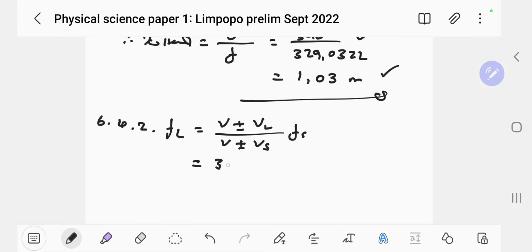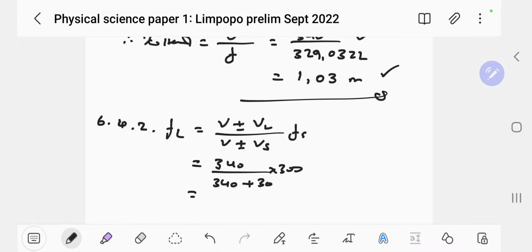Okay, so this is 340. Again, there's 0 there because that listener is stationary. And then it's going to be 340. Remember now, this source is moving away, so we're going to put a plus there, 30, times 300.